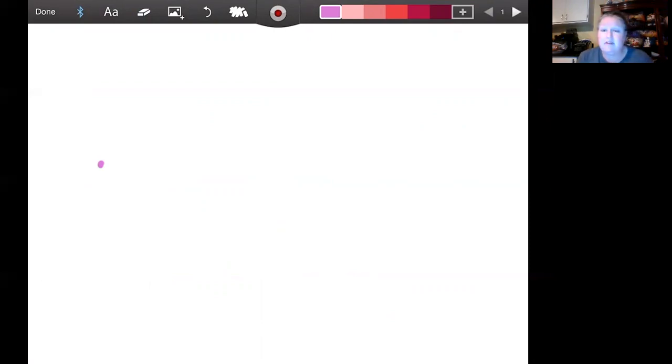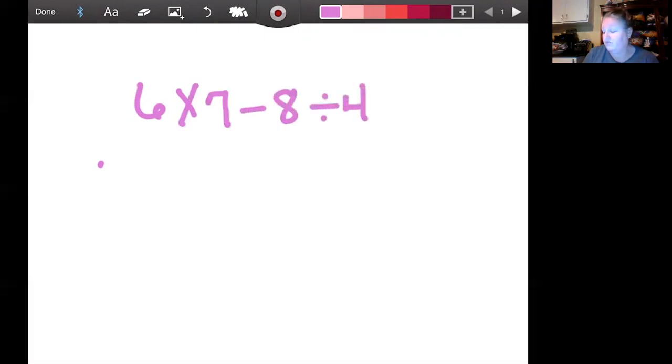Okay, next one says find the products, just some multiplication problems you can do. The next one says solve the expression. Okay. And it says use order of operations. And it doesn't have them marked.